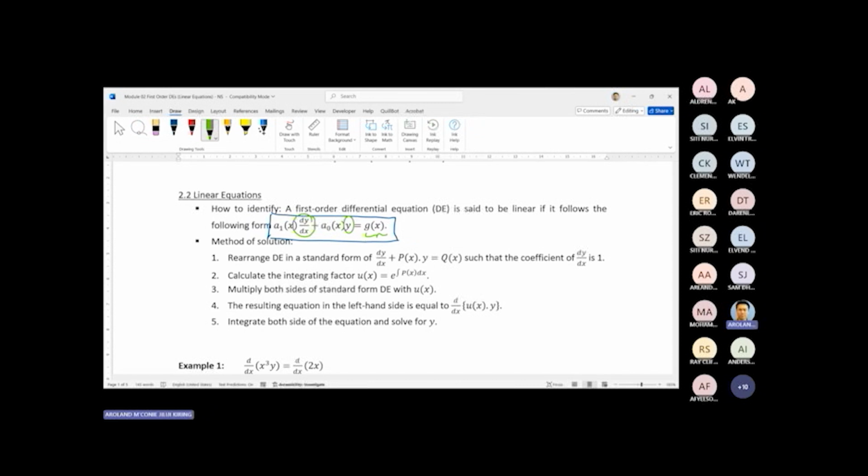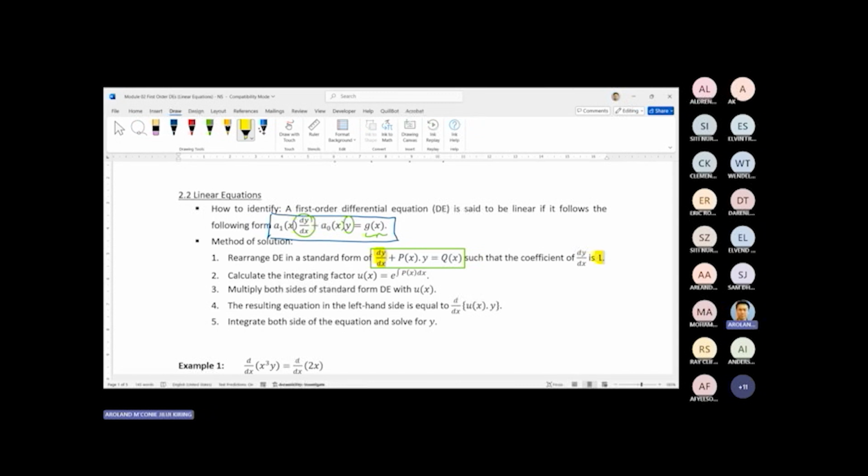To apply the next steps, the first thing you need to do is make it in a standard form, which is given by this one. If you look at your dy over dx, the coefficient in front of the dy over dx must be 1.